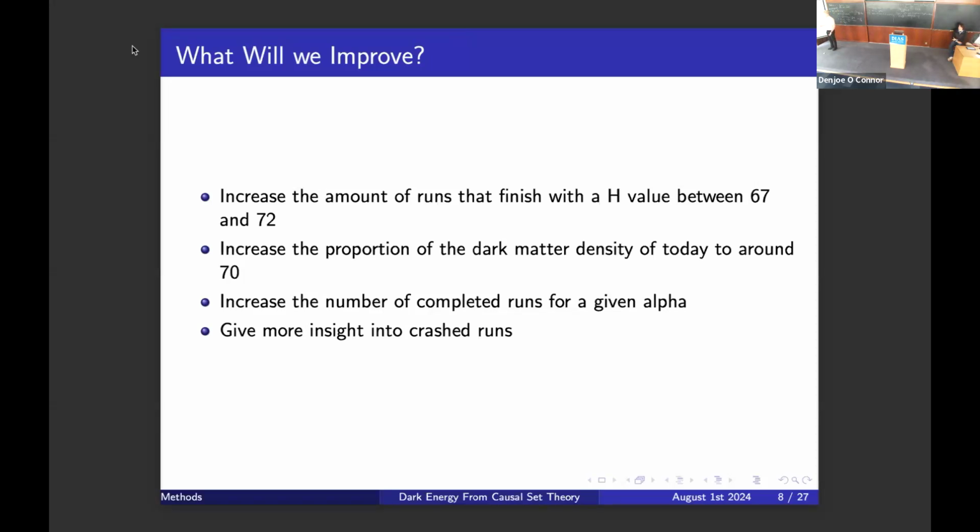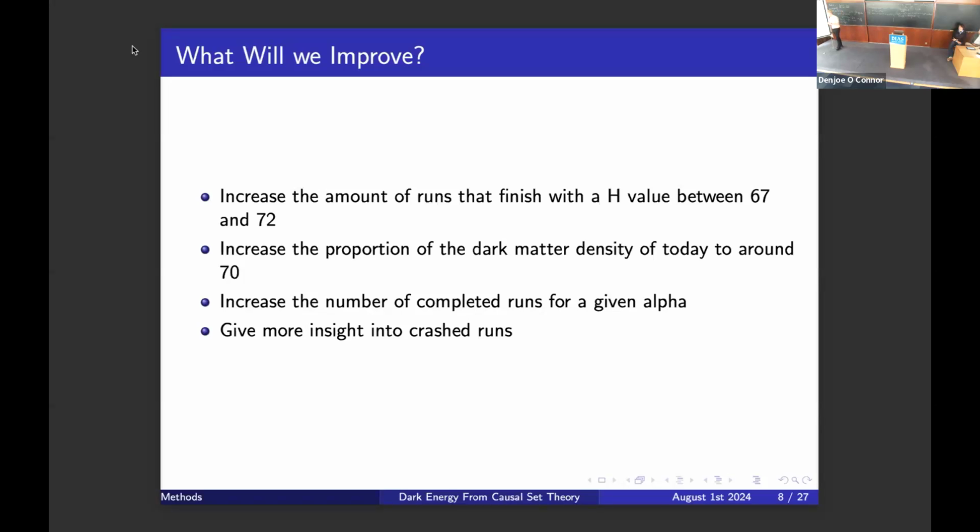Also, we want to increase the number of runs for a given alpha, which means we can then test higher alphas. Before, you'd stop at alpha being 0.012 because you don't have enough completed runs, so it's not very efficient. Ideally, you could increase the number of completed runs, then you'd be able to experiment with higher values of alpha.